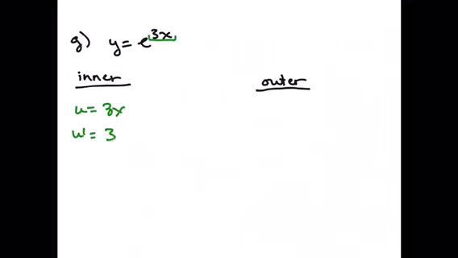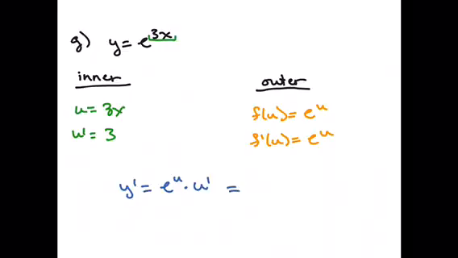My outer function would be e to the u, and its derivative would also be e to the u. So for our function, we'll get e to the u times u prime, which is actually e to the 3x times 3, and we want to rewrite that with the coefficient out front.